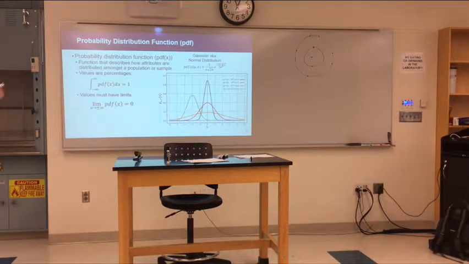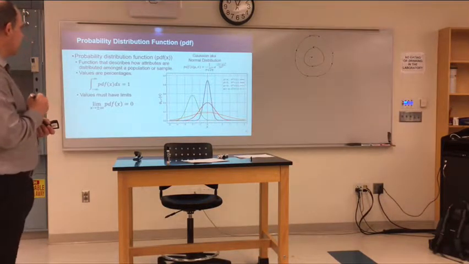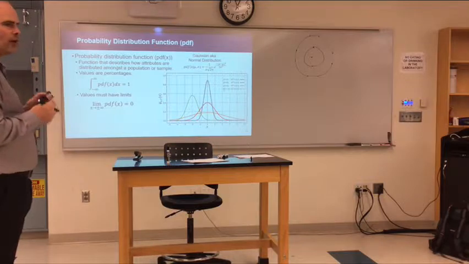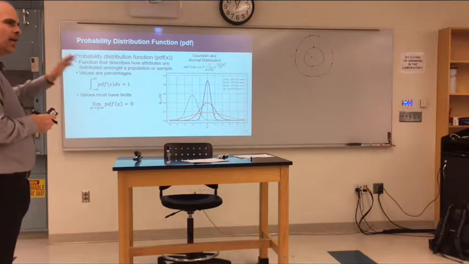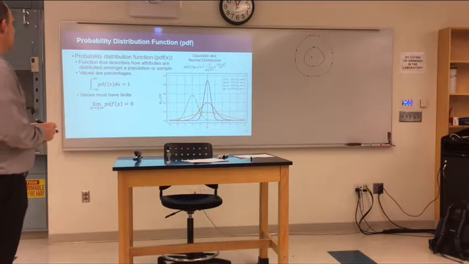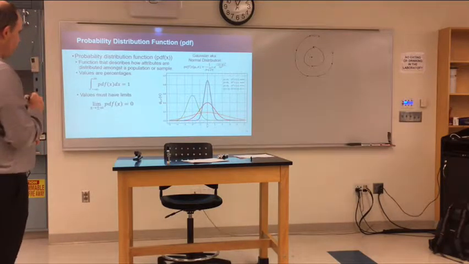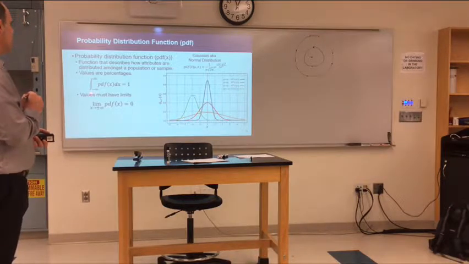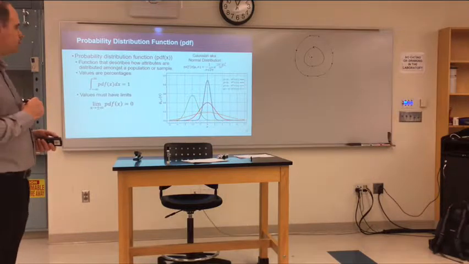What percent fall within this category? And so if you take the integral of that probability distribution function from the lowest possible value to the highest possible value, you're capturing 100% of your population. Right? So for PDFs, probability distribution functions, taking the integral from negative infinity to positive infinity has to be 1.